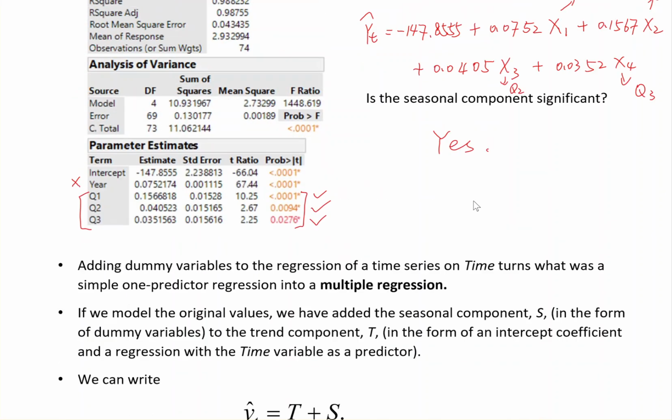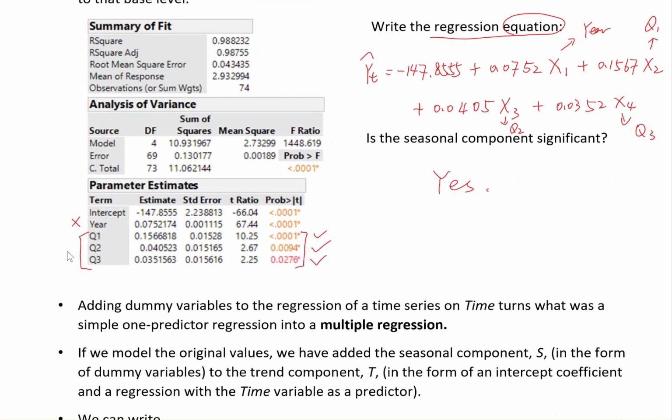All right, so actually, when we add the dummy variables into the regression after we model the trend component, we change from simple regression to multiple regression, right? So we consider this x1, this is our x2, x3, x4, and this is our b0, b1, b2, b3, b4.